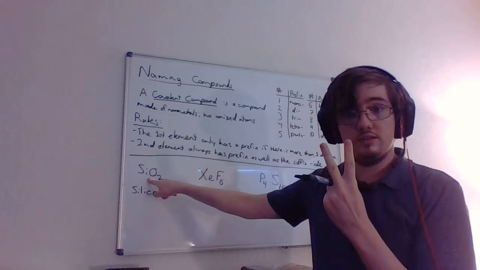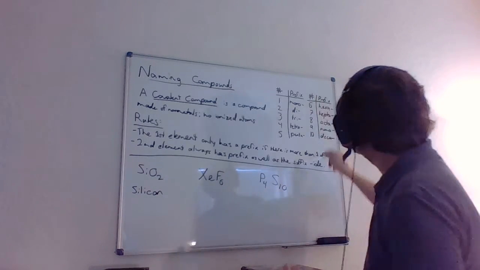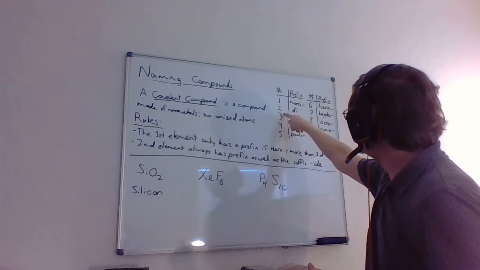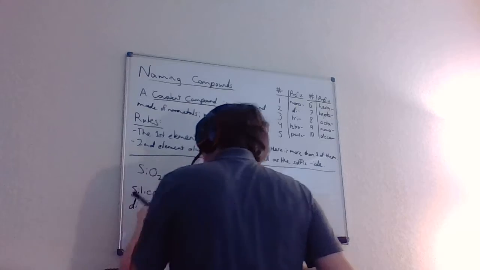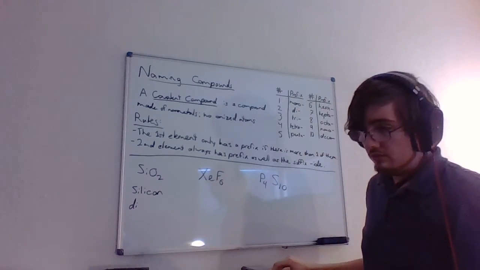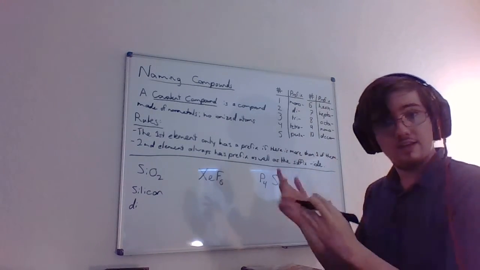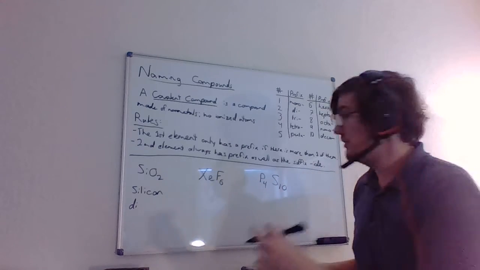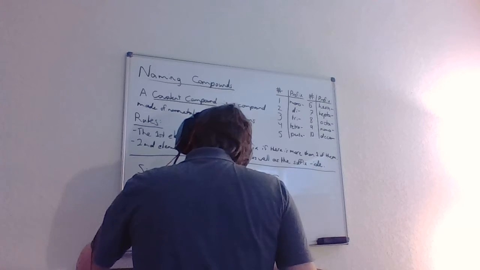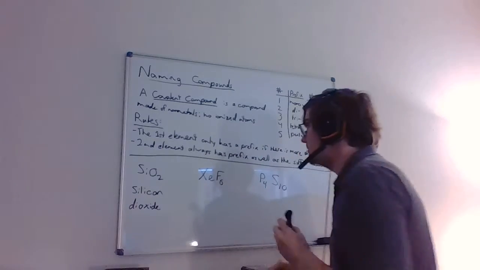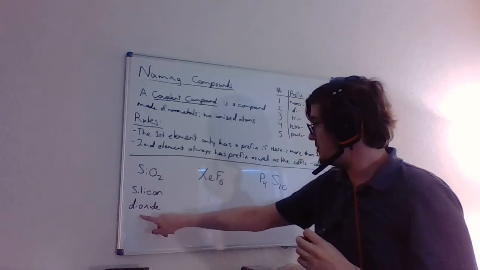There are 2 oxygens. So that means we go to the table, we see the prefix di. And we're working with oxygen, so oxygen, because it's the second element, becomes oxide. So dioxide. Right? So this right here is named silicon dioxide.